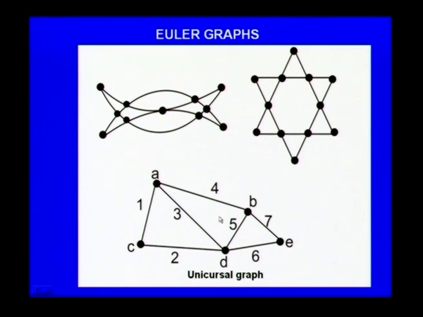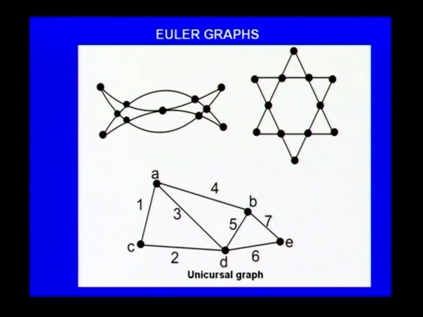It starts at A and ends at B, and such a graph which has a walk like that is called a unicursal graph. Here all vertices except the beginning and the end vertices will be of even degree. Only two vertices, the beginning vertex and the ending vertex, will be of odd degree.